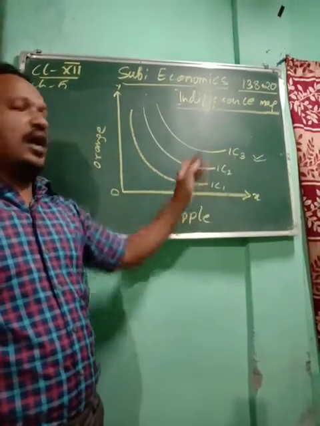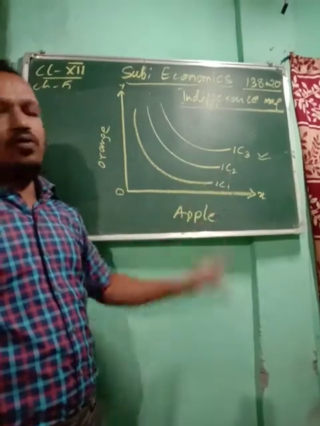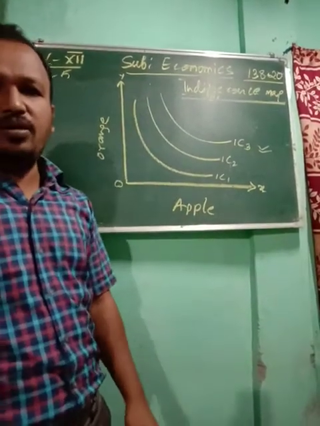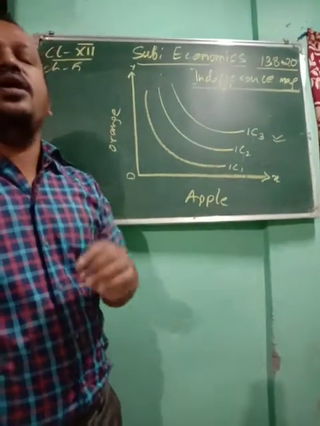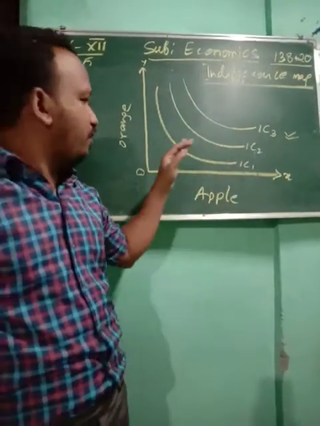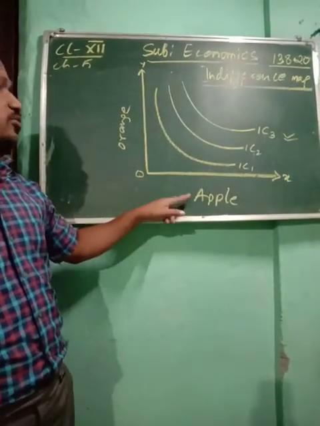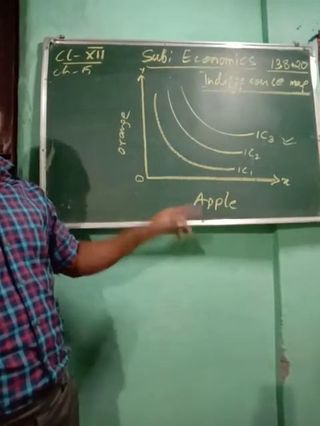The higher the curve, the higher the satisfaction; the lower the curve, the lower the satisfaction level. So this simple diagram you can keep in your mind. If they ask you the definition, you have to show these diagrams also. And remember, you have to write the commodity names also.